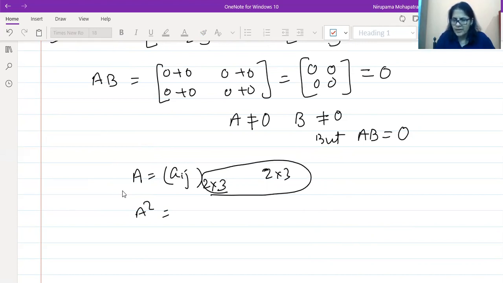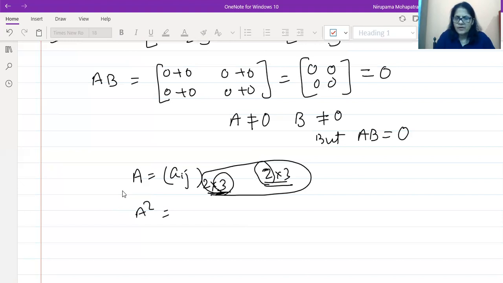Okay, is it clear? So we cannot take any matrix to find A square, A cube. I mean, in case of a rectangular matrix, A square won't be defined. So this is because of this reason. When you write here a 2 by 3 matrix multiplying with another 2 by 3 matrix, you see the number of columns is 3, here the number of rows is 2.